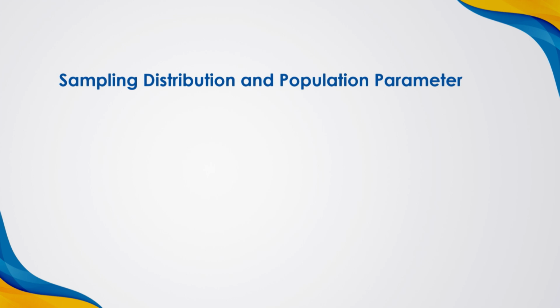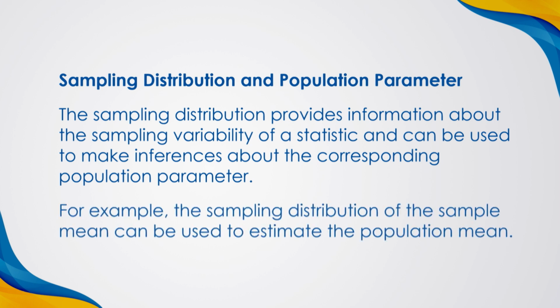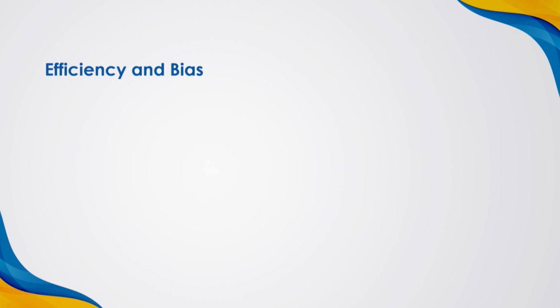Next, the sampling distribution and population parameter. The sampling distribution provides information about the sampling variability of a statistic and can be used to make inferences about the corresponding population parameter. For example, the sampling distribution of the sample mean can be used to estimate the population mean.